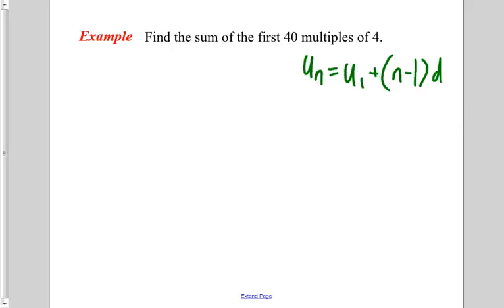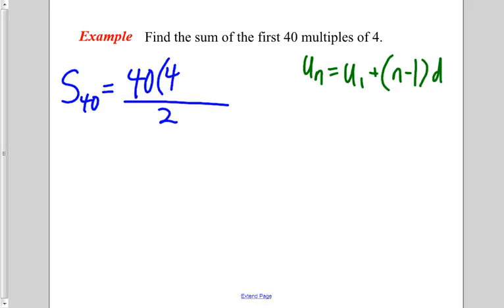Now here, I'm asked to find the sum of the first 40 multiples of 4. Well, I know my arithmetic series formula. The number of terms I'll be looking at is 40 terms. So S of 40 is going to equal 40 divided by 2, multiplied by u1, starting at 4, plus un. Oh, I don't know un yet. So I have to go back and find un, which is u of 40 equals u1, which equals 4, plus 40 terms minus 1, and these are all multiples of 4.